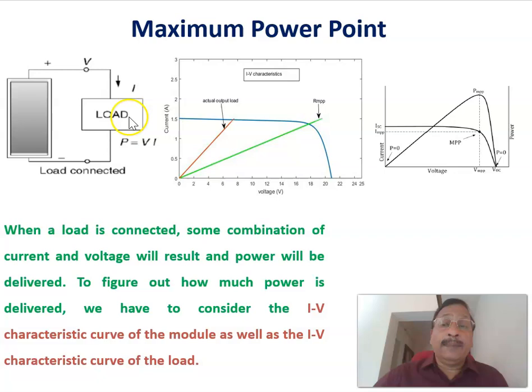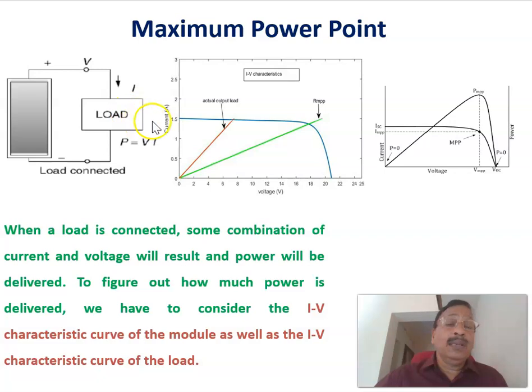Now let us see what happens as the load changes. As you know, the output of the solar cell is connected across a load, and current flows through the load depending upon the load resistance.